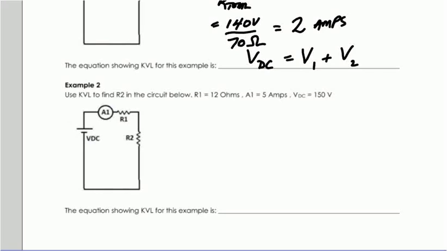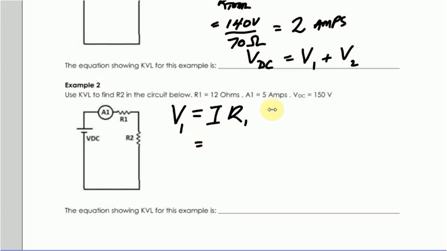So since I know R1 and I know A1, that tells me that I know the resistance and I know the current. So I could use Ohm's law and say that V1 is equal to I times R1.